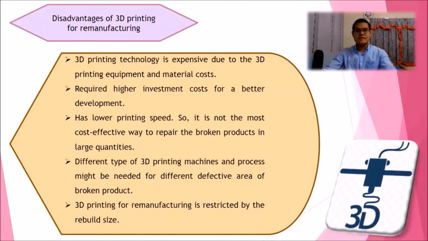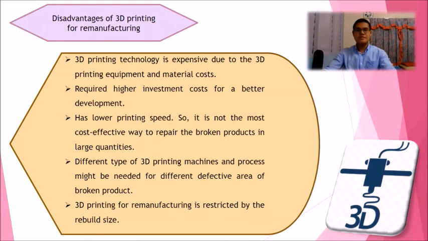After knowing the advantages of 3D printing for remanufacturing, we also need to know what its disadvantages are. First, 3D printing technology is expensive due to the 3D printing equipment and material costs. It still requires higher investment costs for better development.